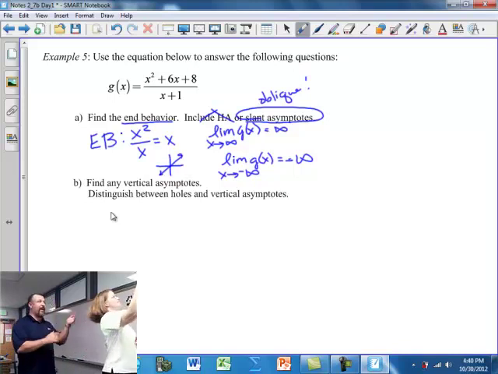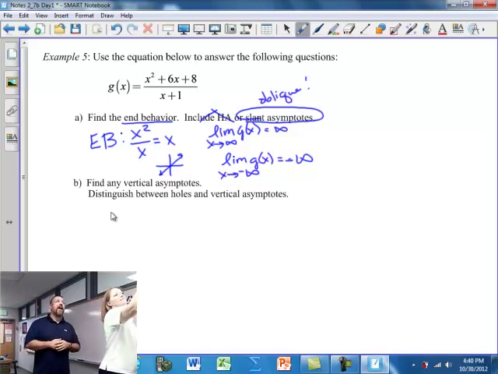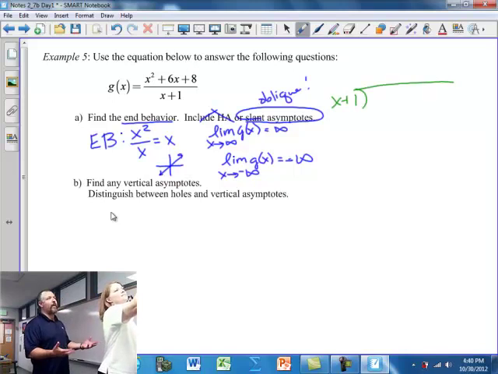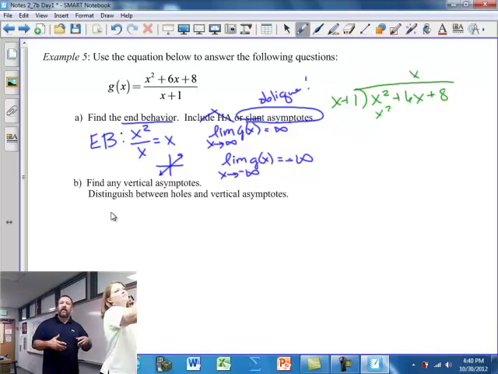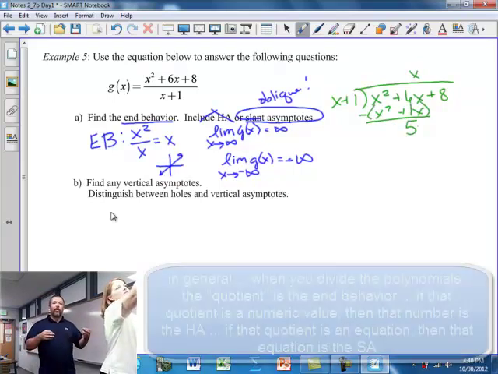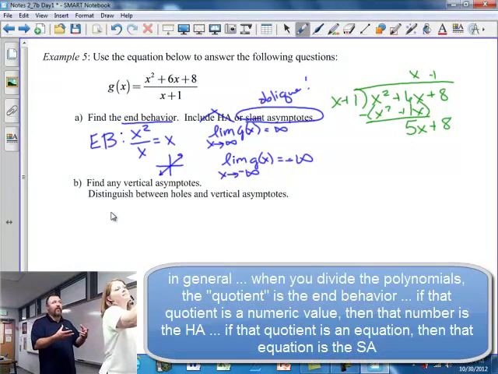Okay, and the way we're going to do this simply is division. If you remember our earlier example, we divided the numerator by the denominator, and the quotient was a -4 plus a fraction as a remainder. The remainder went to 0, and our horizontal asymptote was simply -4. This whole idea is the same.